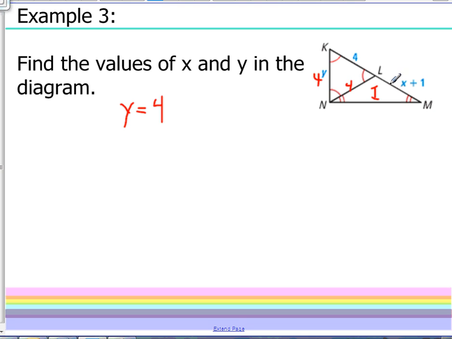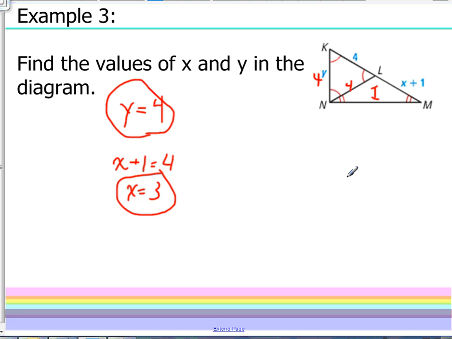And if this side is congruent to this side, then I can just say x plus 1 equals 4. Subtract 1 from both sides, and I will get that x equals 3. So x equals 3, y equals 4, and we have solved the problem.